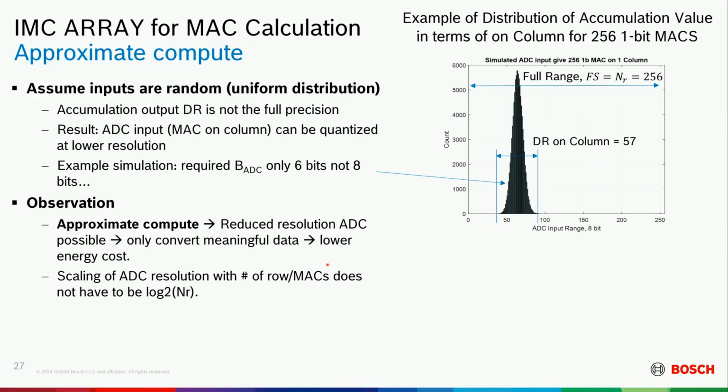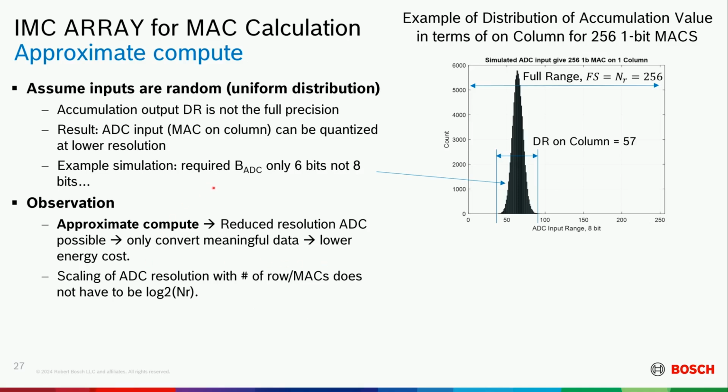But then here's where approximate compute comes in. One is that if you consider the weights and the activations as random, maybe with a uniform distribution, you can see that the actual output precision is less than 8 bits most of the time, and you can keep full precision of your output with a lower-bit ADC.